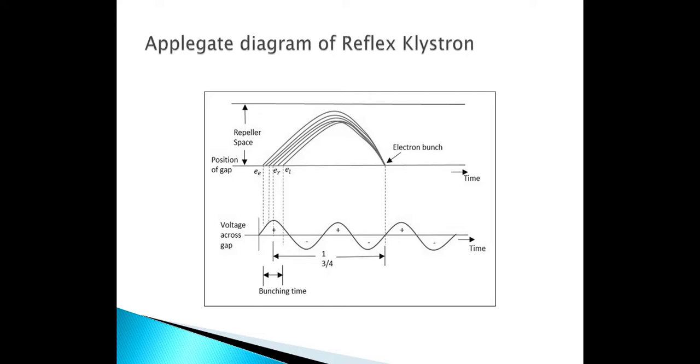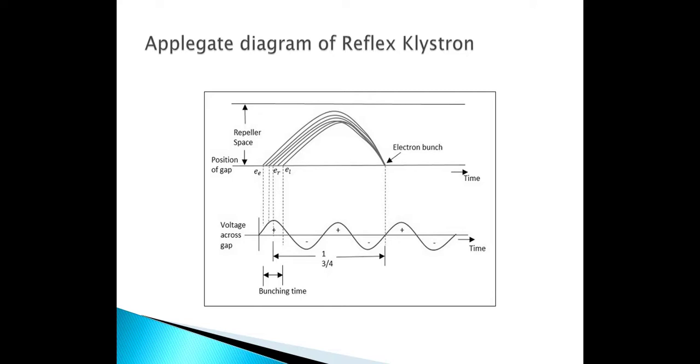to get sustained oscillations. For oscillations to be sustained, the time taken by the electrons to travel into the repeller space and back to the gap must have an optimum value.